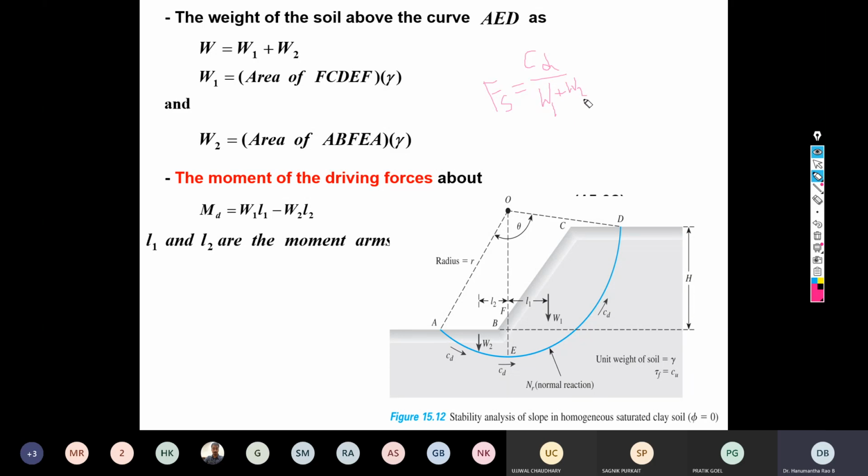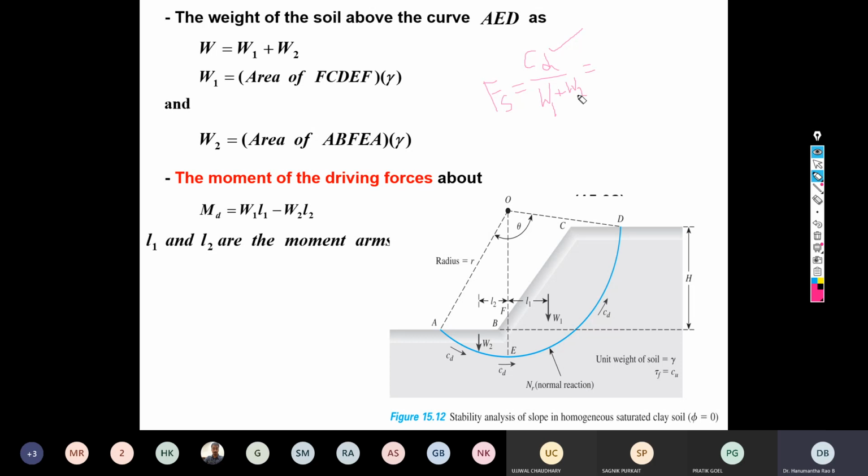Now let me give another picture. I can term CD as the development of the shear strength, and I can designate the summation of W1, W2 as the shear stresses.